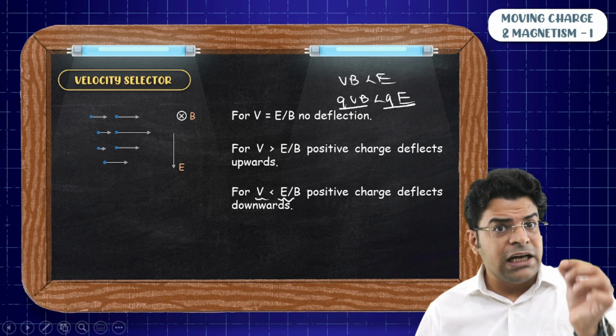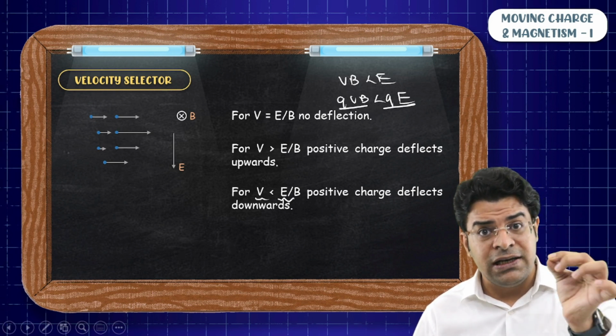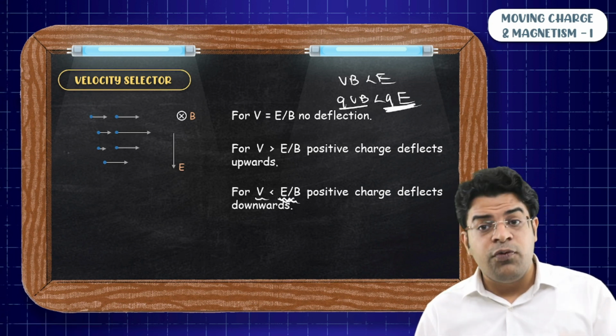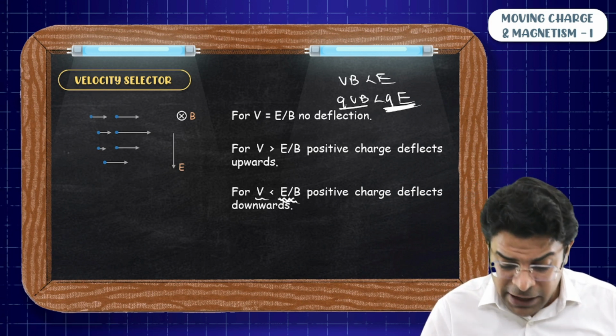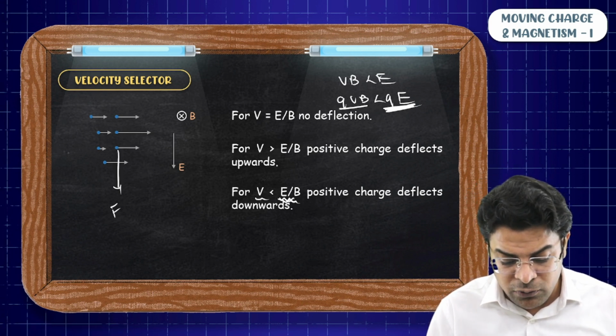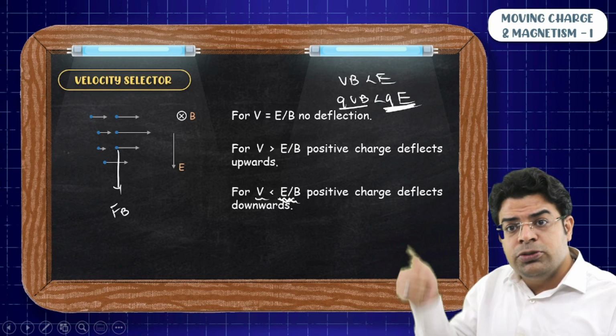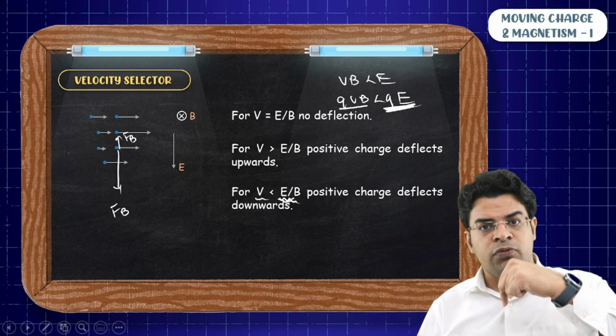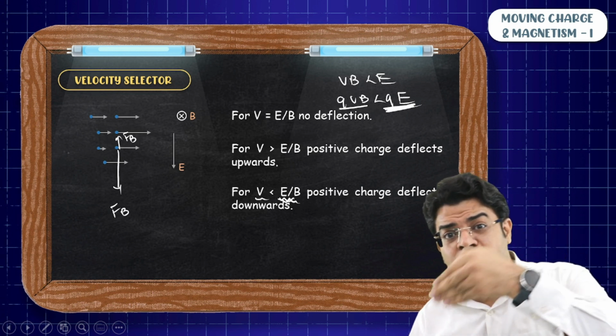For such a particle with velocity less than E by B, the electric force will be more than the magnetic force, and electric force is downward. The magnetic force V cross B will be upwards, and on such a particle the net force will be downward. It will deflect in the downward direction.